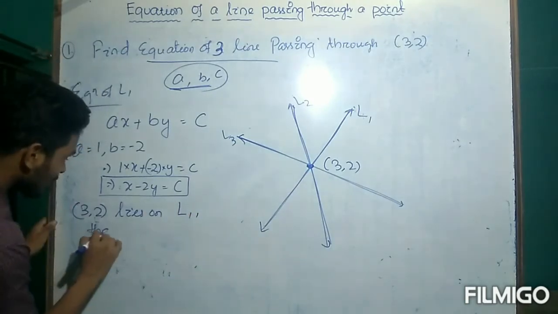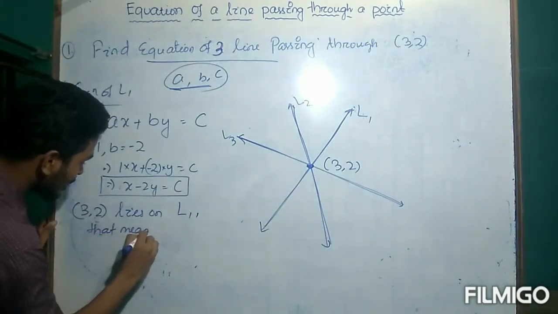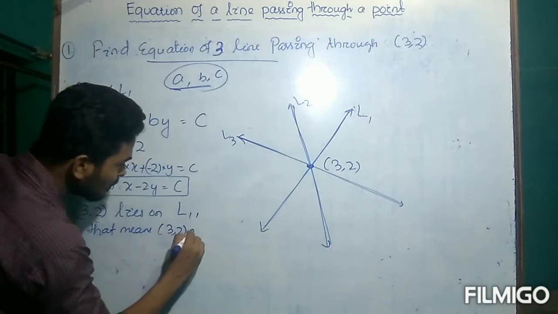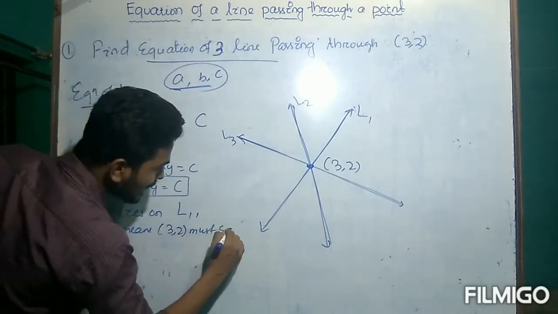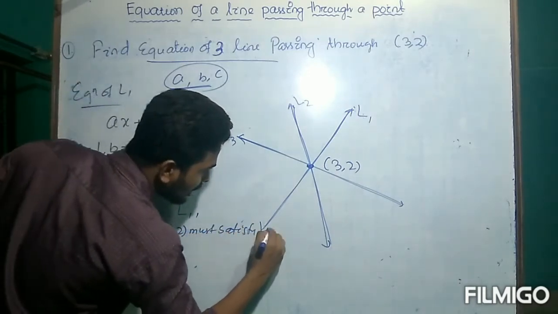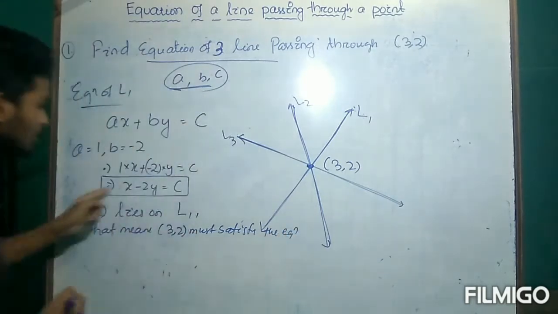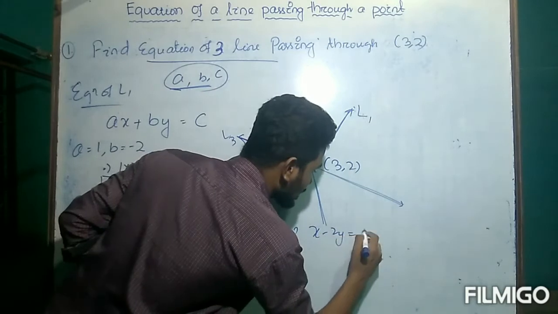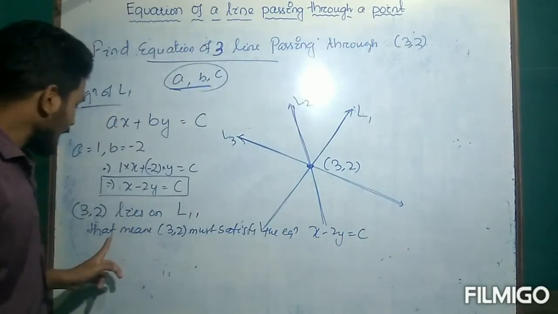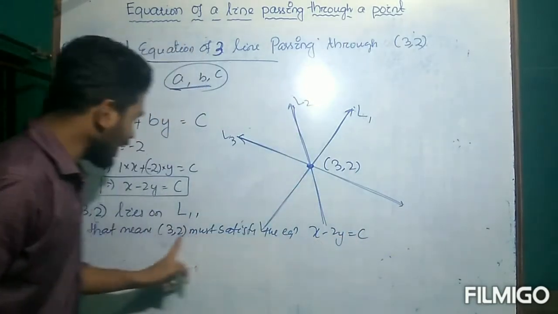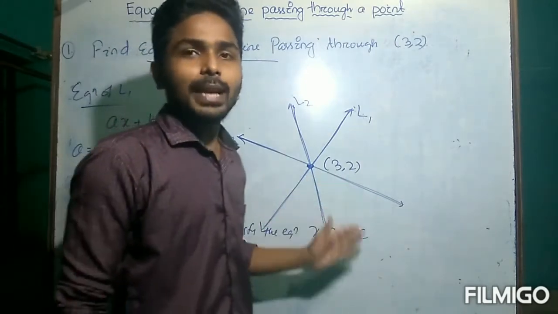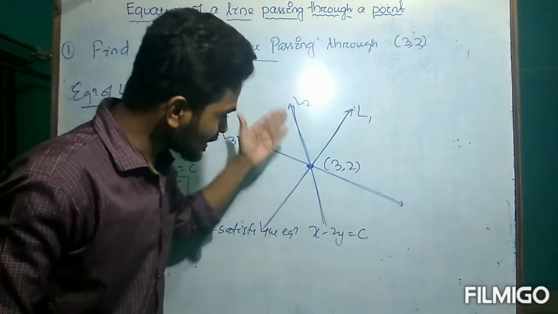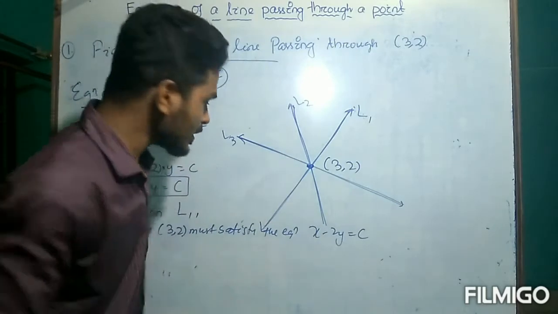That means 3, 2 must satisfy the equation x minus 2y is equal to c. It means if you put x to be 3 and y to be 2 in the original equation, then you should get LHS to be RHS. So simply substitute those values in the equation.